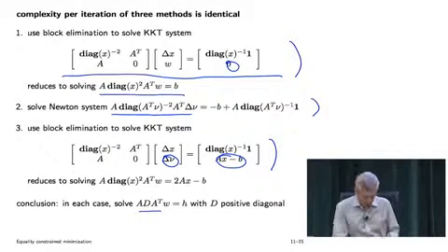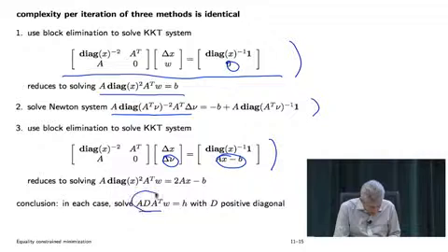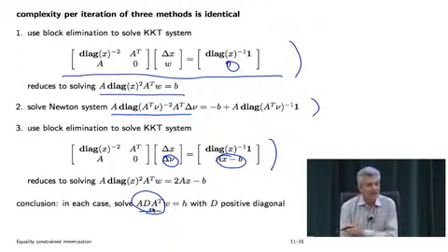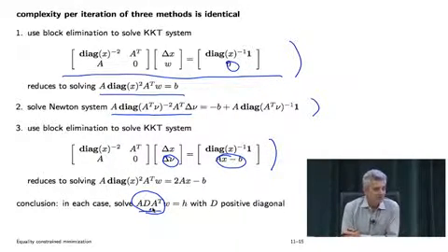By the way, I want to finish with just one comment. If A has sparsity, A D A transpose comes up all the time. And in fact, you can get the sparsity pattern of A D A transpose, which is what you'd have to solve, directly.